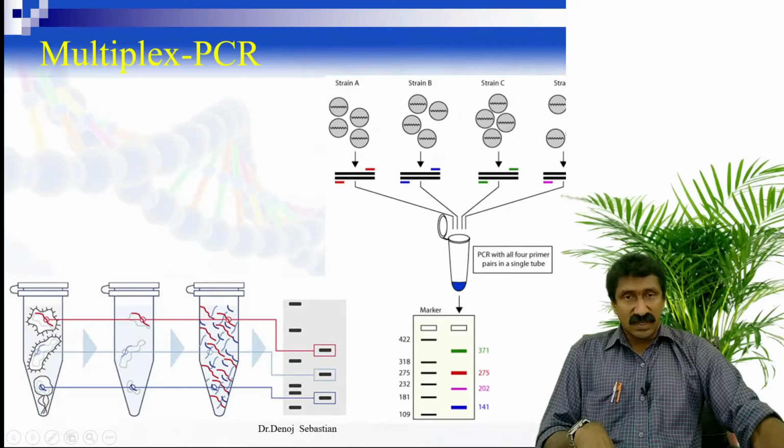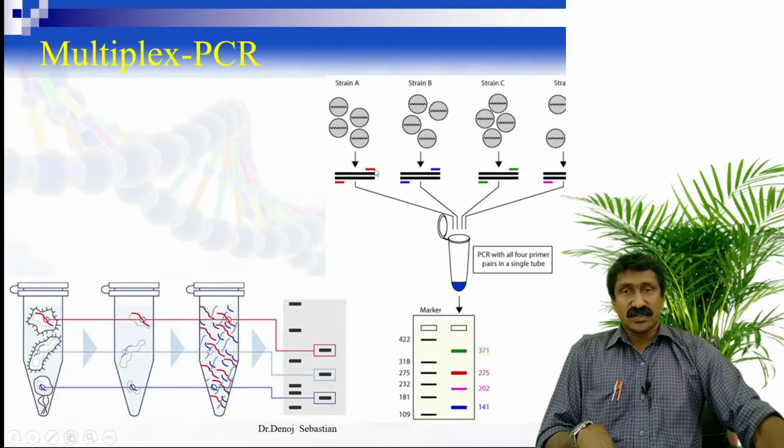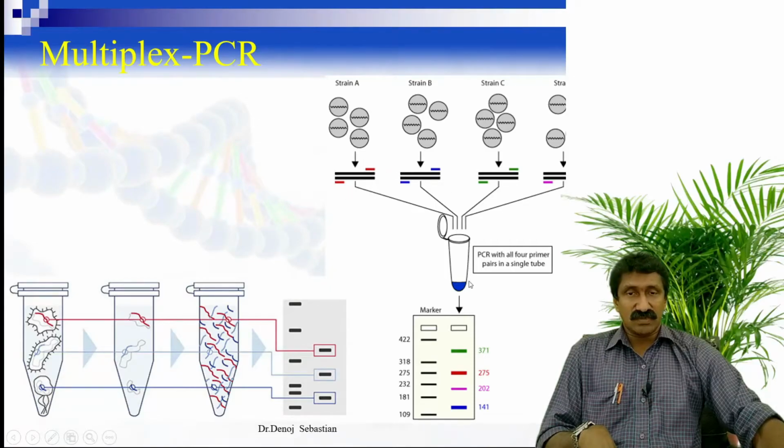In a mixed reaction, for example, there may be a mixed culture, such as a water sample with organism A, organism B, organism C, and organism D. When it is extracted, the concerned DNA will be present in the same mixture, and that DNA can be amplified with the specific primers for organism A, B, C, and D. So in the same reaction PCR vial, we have all the different template DNAs from different sources, and the corresponding primers are used in the same reaction mixture.